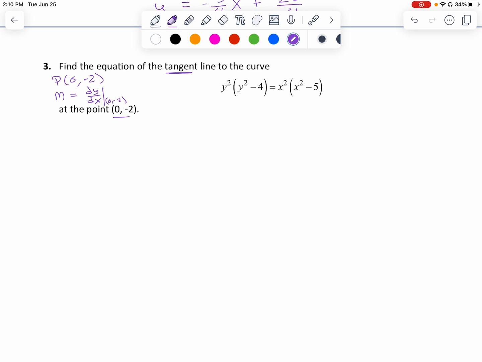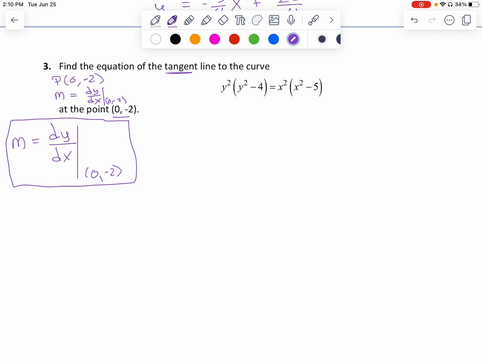In fact, I'm going to write that bigger over here. My goal is to find dy/dx defined at (0, -2). This is my goal. So let's put a box around it so we don't forget what we're looking for here.